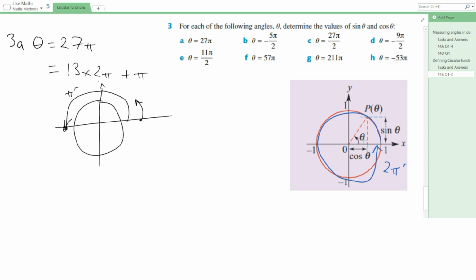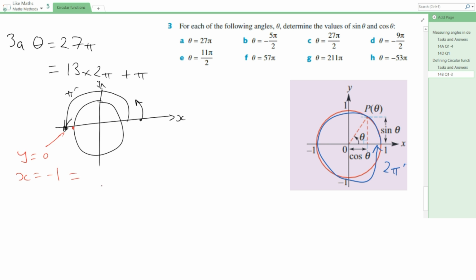So on the y and x, at this point y is going to be 0 and x is going to be -1.